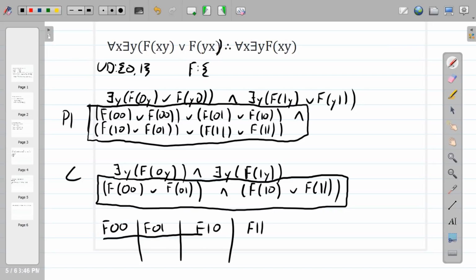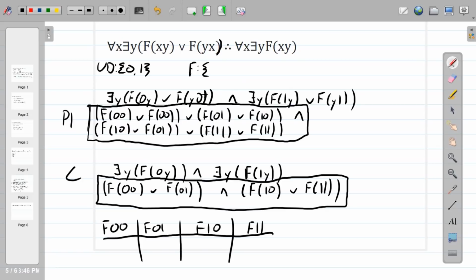In this case, I've been nice, and it's just one predicate. Okay, so we need to make this premise true, which means we need to make both lines of this true. So we need at least one of F00 or these two, and at least one of this thing. So that looks pretty easy to do. It looks like we can make that true in a variety of different ways.